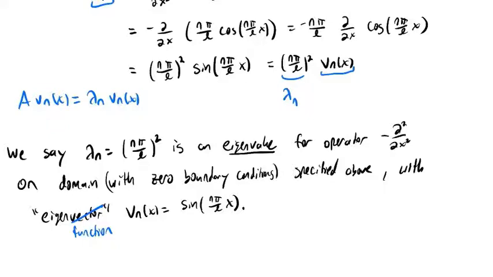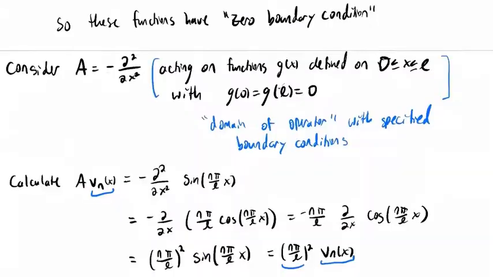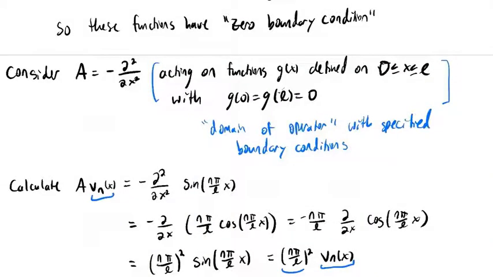And so I want to specify again that it's important to indicate what the domain is. This seems like a kind of obnoxious or pedantic technical point, but we will see soon that if you change the boundary conditions on the domain, it's going to change what types of eigenfunctions you can find or what the eigenvalues could be.